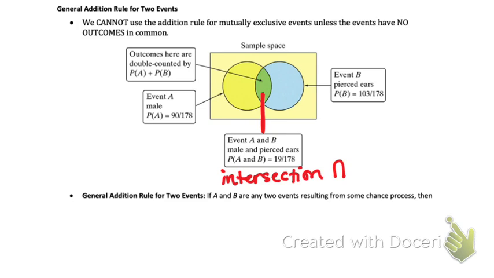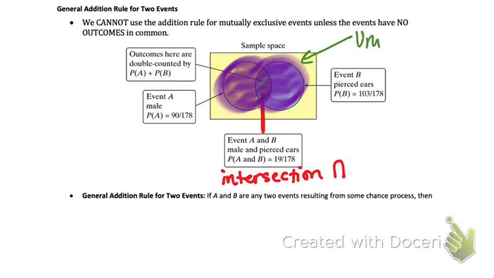Watch this. Let me see if I can get it. It is all of that. That's the or. It is the middle circle as well. It's everything except what is outside of both circles. That is the or, okay? That is the union.